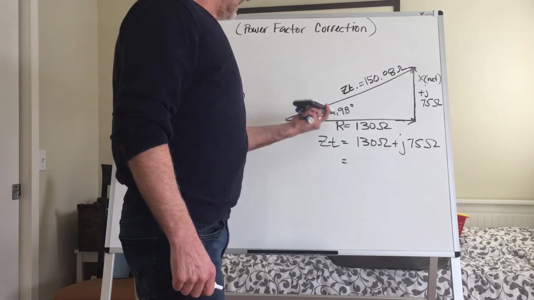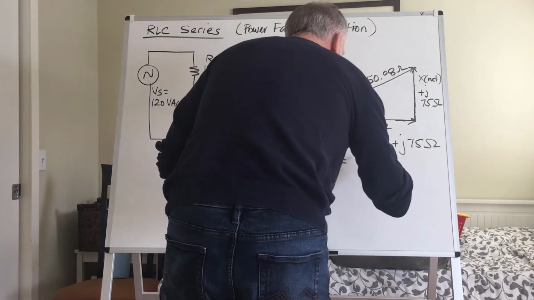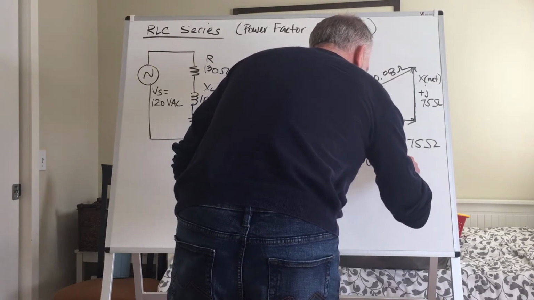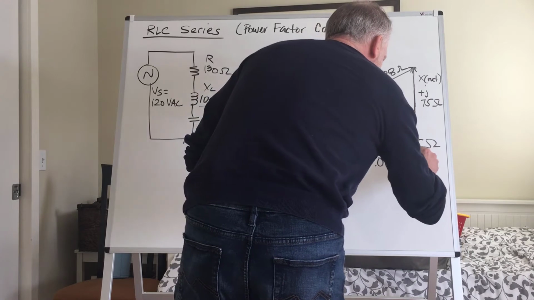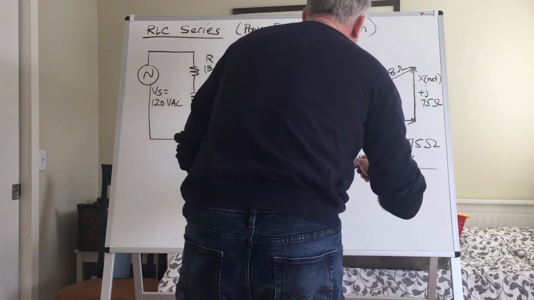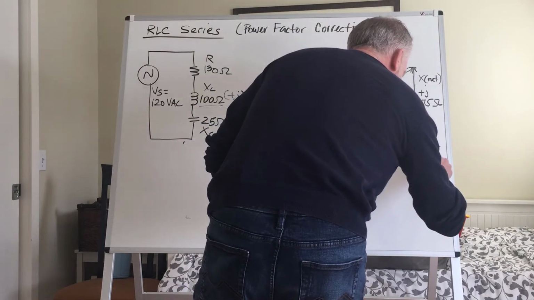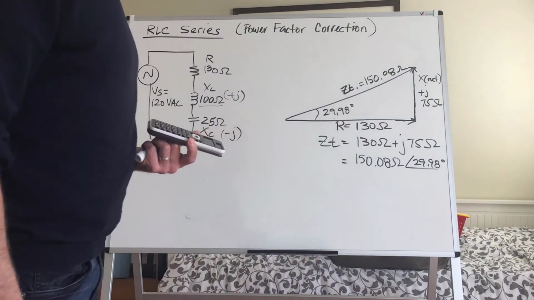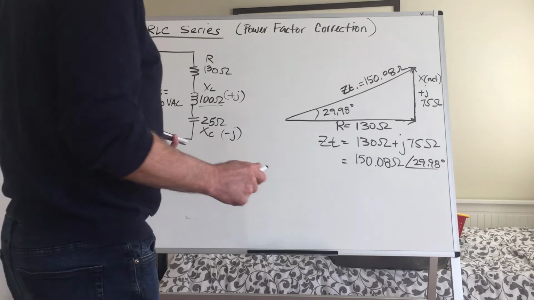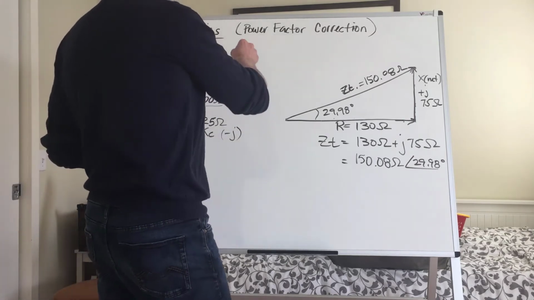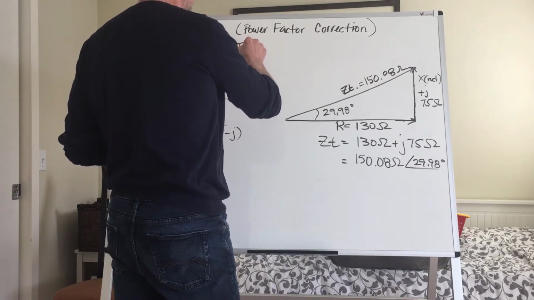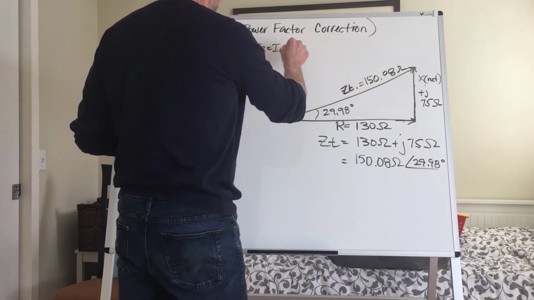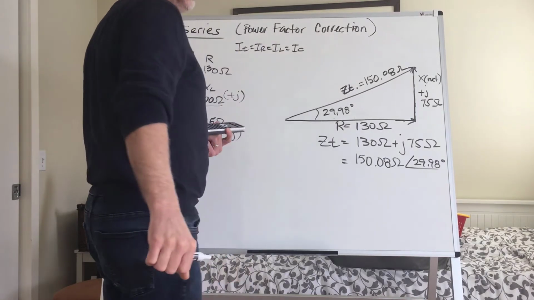Okay, so this is going to mean that we could otherwise express this as 150.08 ohms at an angle of impedance, phi, that would be 29.98 degrees. Okay? Now, knowing what we know about purely series then, I total equals IR equals IL equals IC.